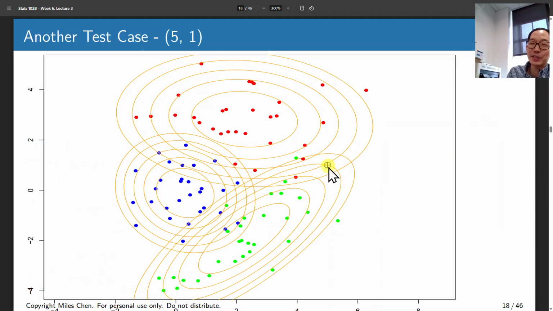Now we have a test case at 5,1, and it seems like it could be A, could be C, and we're just kind of guessing. Maybe it's a touch closer to C than it is to A, but anyway, we'll do our calculation.